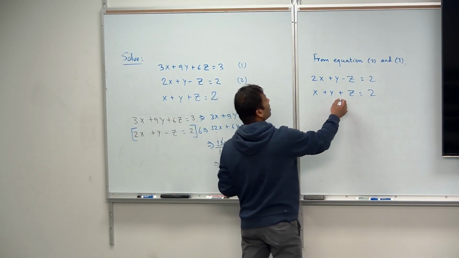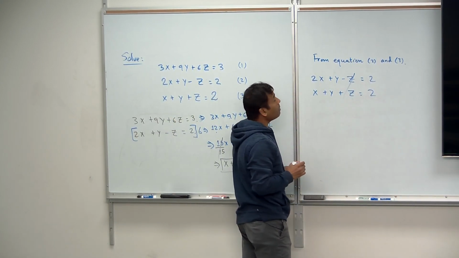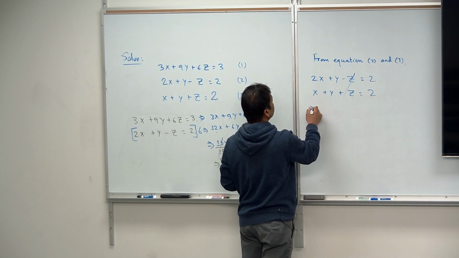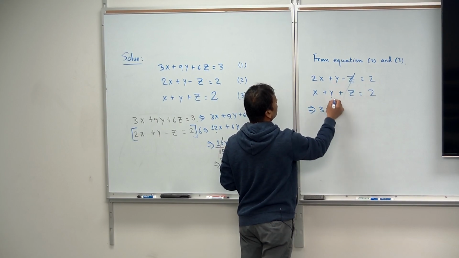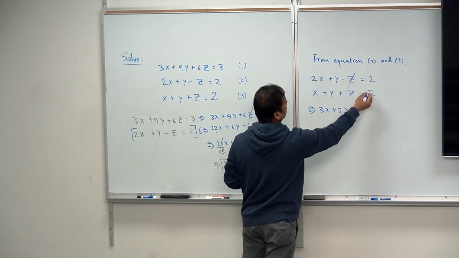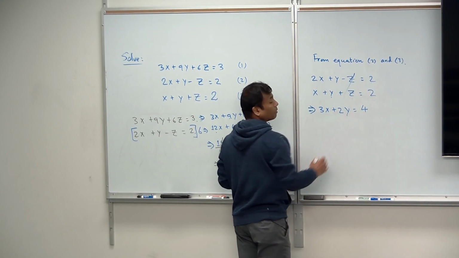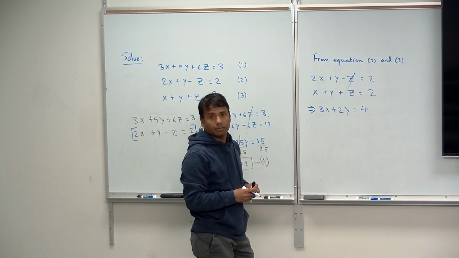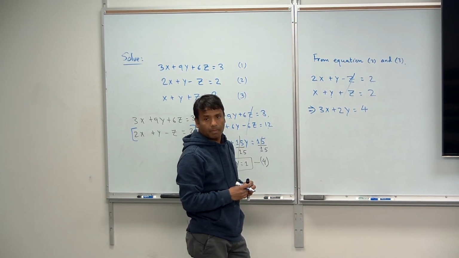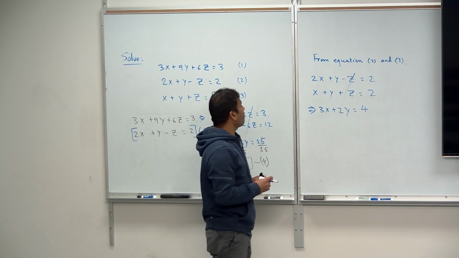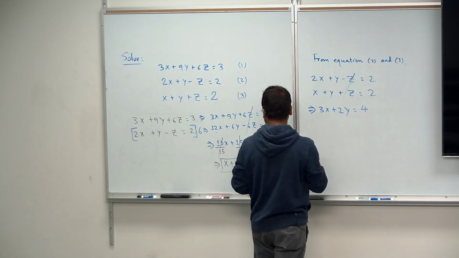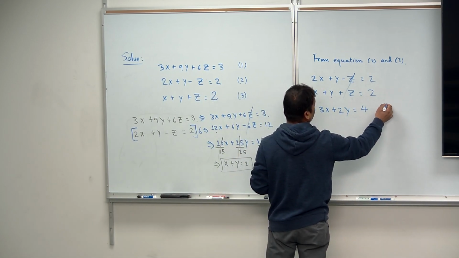So this positive z and negative z, you cancel them, right? So 2x plus x, so this is 3x plus y plus y is 2y equal to 2 plus 2 is what? 4. Right? So now you have a 2 equation. Let's say this is equation 5.